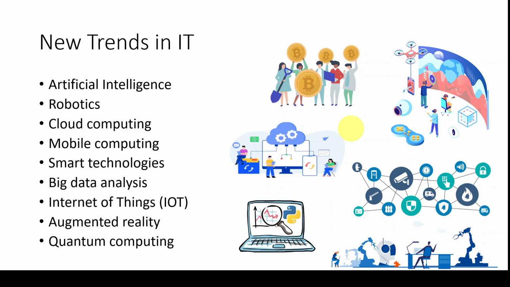So the second new trend is robotics. Now, I told you that data is a conceptual thing. So we are processing data and we are getting a conceptual thing called information. Robotics is about letting our information processing devices be involved in some physical activities as well.